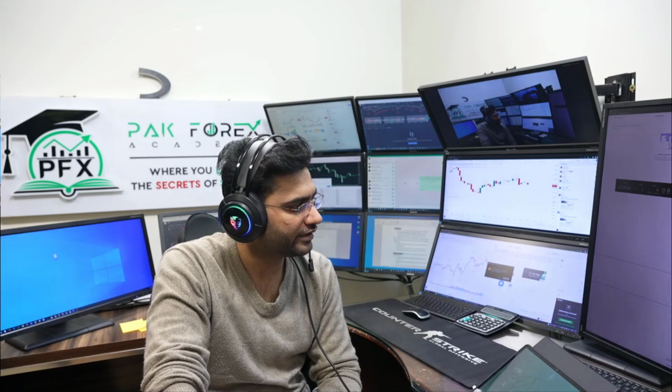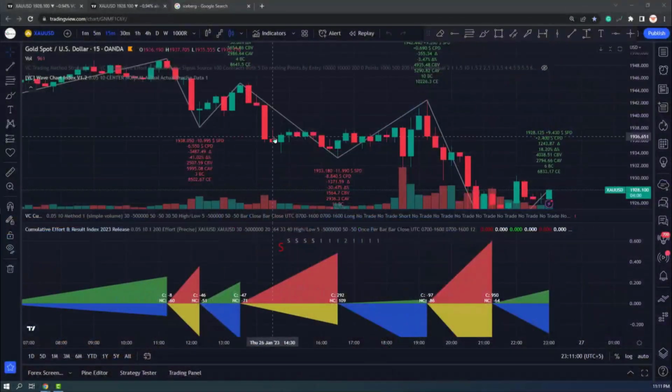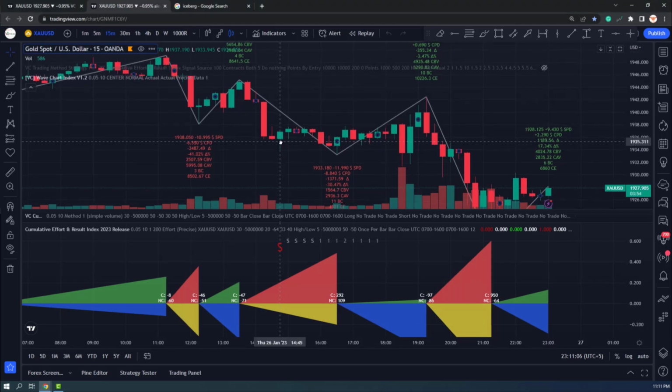You see here, for example, we have received a sell alert here. Is the chart window visible? Just like here, the sell alert. You can sell here as well.